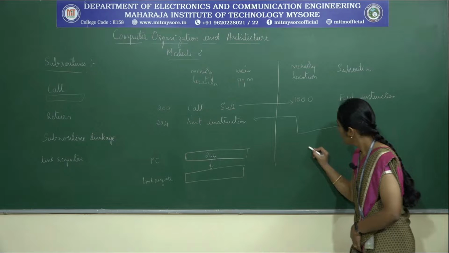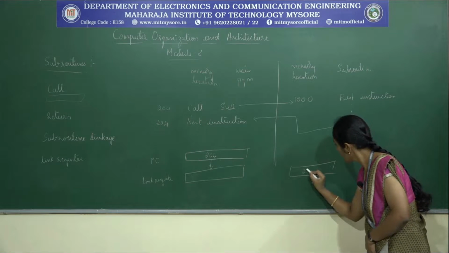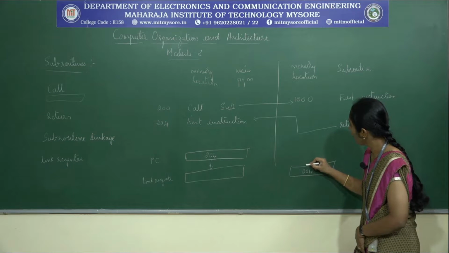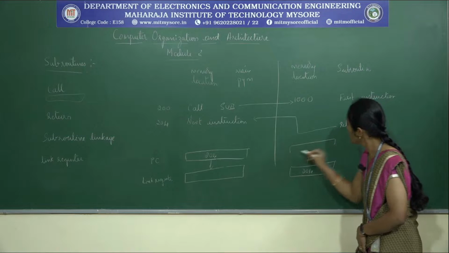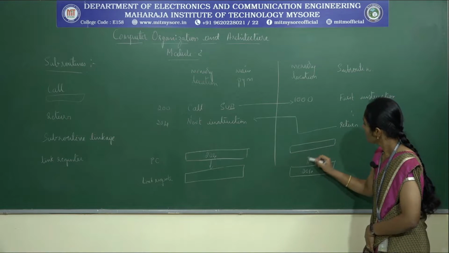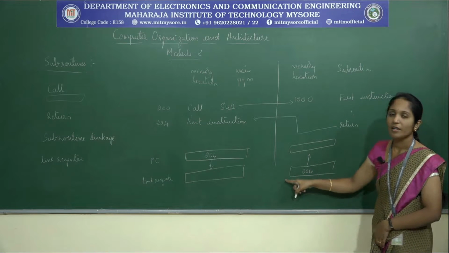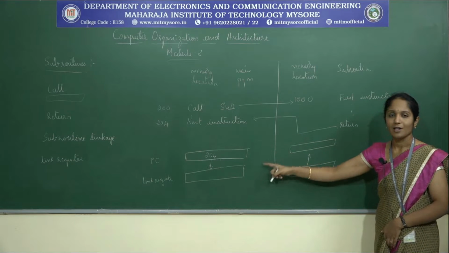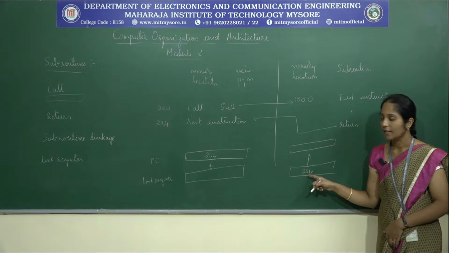When this return is executed, the contents of the link register are copied into the contents of the PC. So these are the contents of the PC and this is the content of the link register.